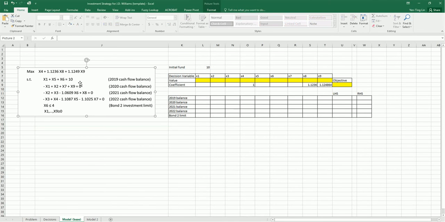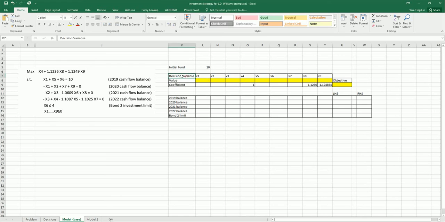So here's the model we try to build. In Excel, we have 2 parts. The upper part is for decision variables and the objective value. The bottom part is for the constraints. First, we have 9 decision variables. These cells I highlighted in yellow will store their values.